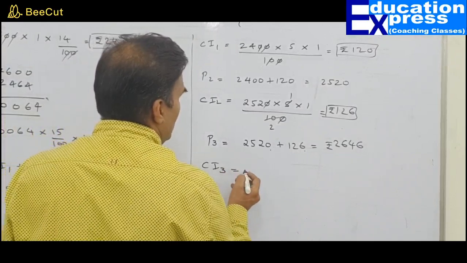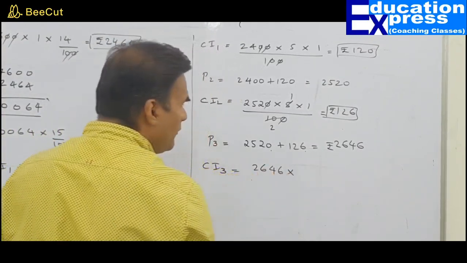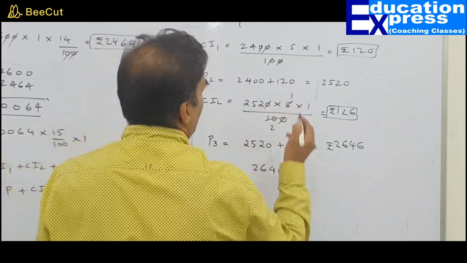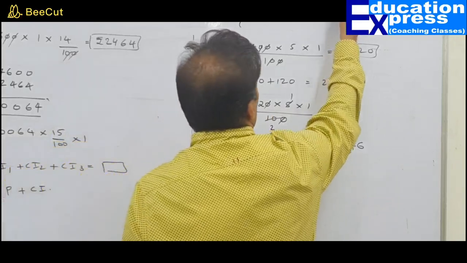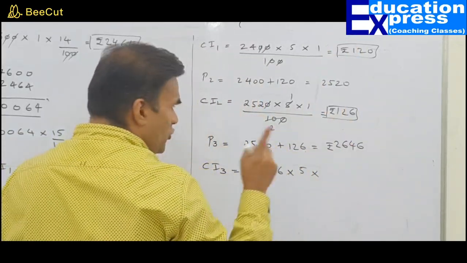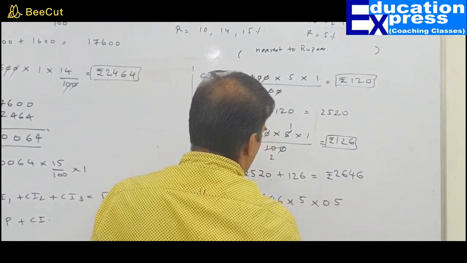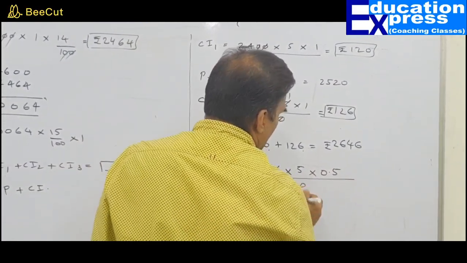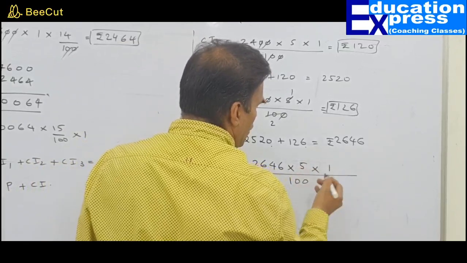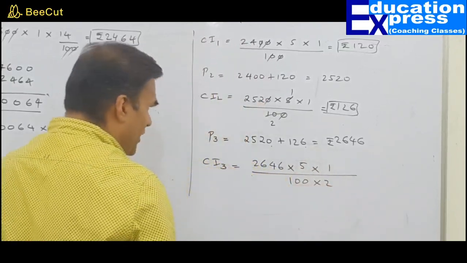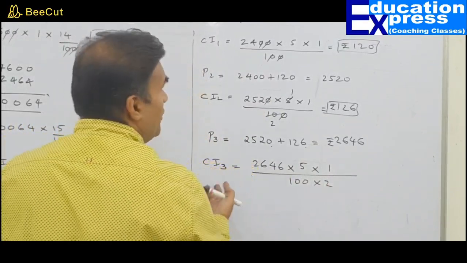Compound interest for the third year: on 2646, rate is 5%, time is half year. I hope you understand, 2.5 means the last part is half a year. Half year means you can write 0.5 upon 100, and if you don't want to write 0.5, you can write 1 upon 2, with 1 in the numerator and 2 in the denominator. Calculation seems to be a simple one.